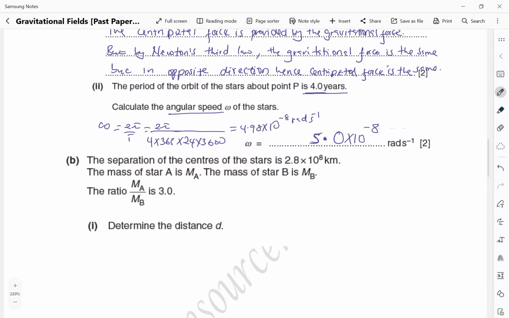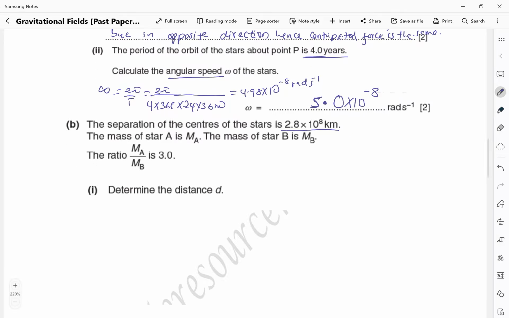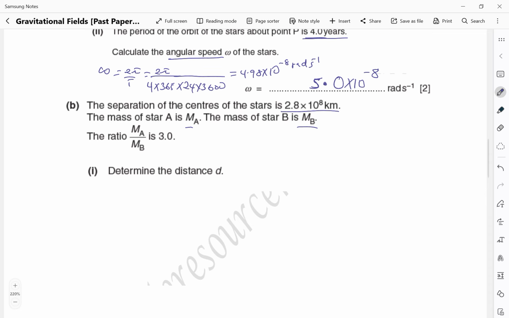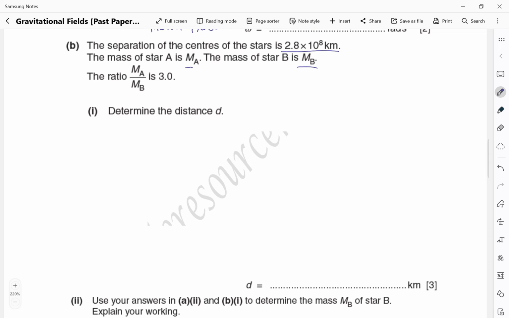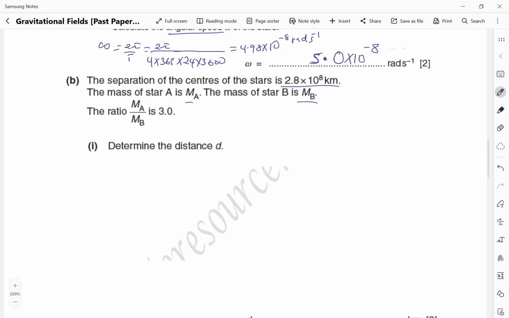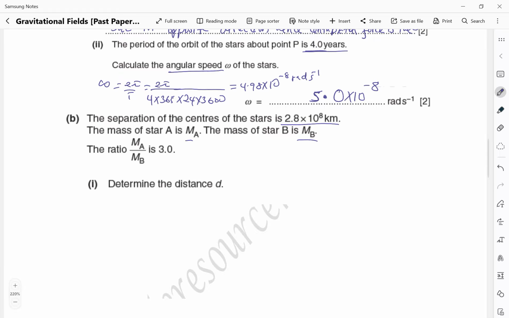The separation of the centers of the stars is 2.8 times 10 to the power of 8 kilometers. The mass of star A is MA, the mass of star B is MB. The ratio MA over MB is 3.0. Determine the distance d. So remember centripetal force. Centripetal force equals m v squared over r.